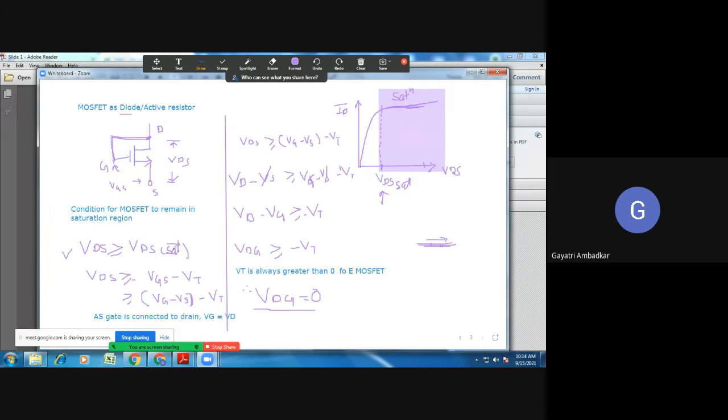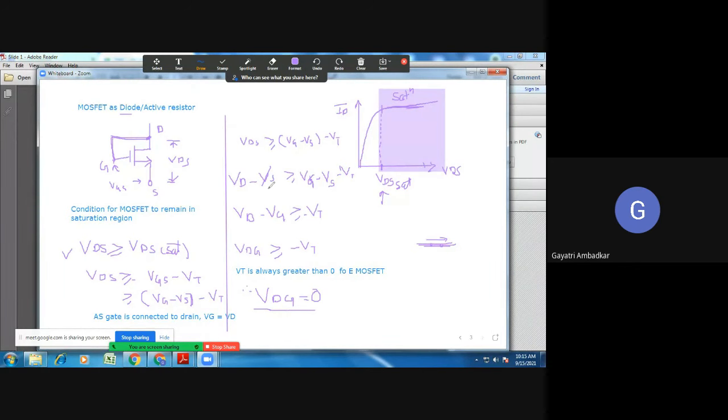Why am I doing this? Because to keep the MOSFET in saturation, VDS must be greater than VDS sat. This VDS is nothing but VD minus VS. That must be greater than VGS minus VT, and this VGS can be written as VG minus VS. So ultimately we say VD minus VS must be greater than VG minus VS minus VT.